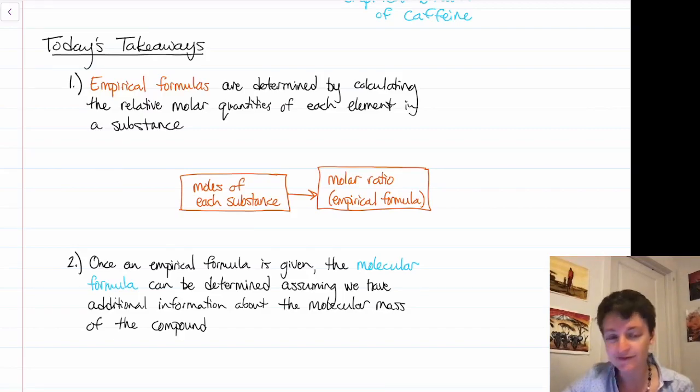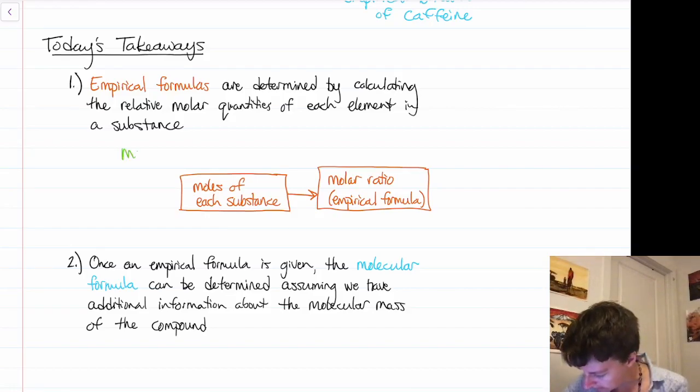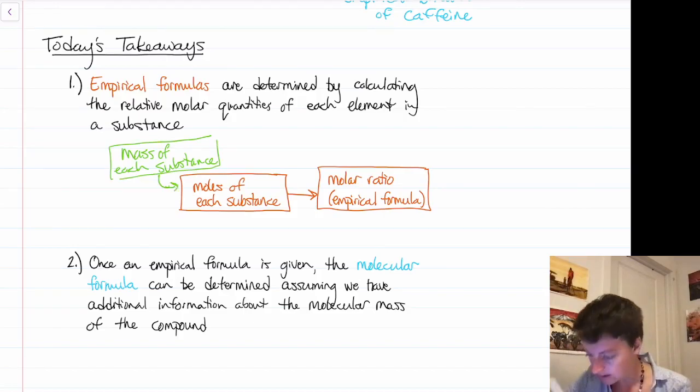But the process of getting there can be different depending on what information that you're given in the problem. Sometimes you might be given the mass of each substance. If that's the case, we can use our molecular masses directly to go and do a mass to moles conversion and get our final answer.